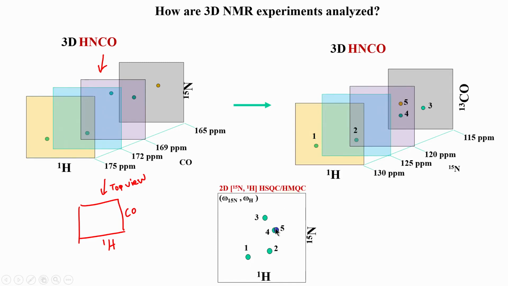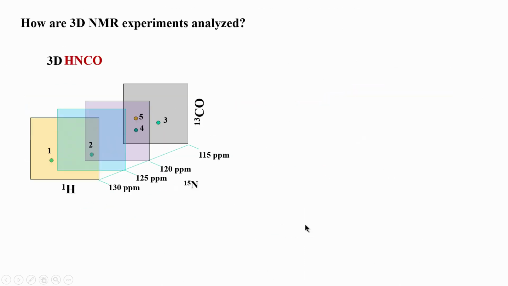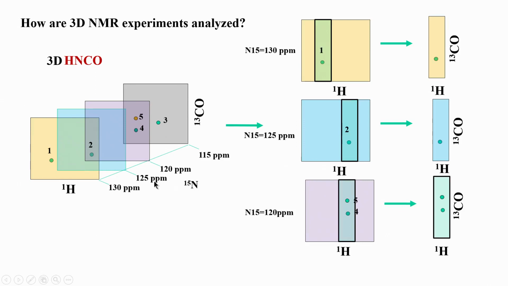So, the nitrogen chemical shifts of peaks number 4 and 5 are the same. That means if I go to a picture like this, here 4 and 5 will come in the same slice as the nitrogen is the same. Similarly, they will have the same proton chemical shift. Look at this picture, the proton chemical shift is also the same, because they have the same proton and nitrogen chemical shifts, that is why they were overlapped. But now, because of carbonyl, we are able to separate them into 2 peaks. Okay.